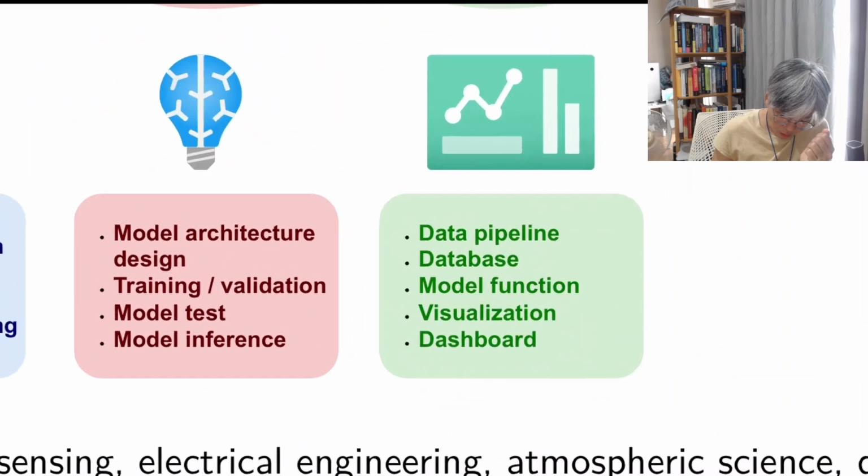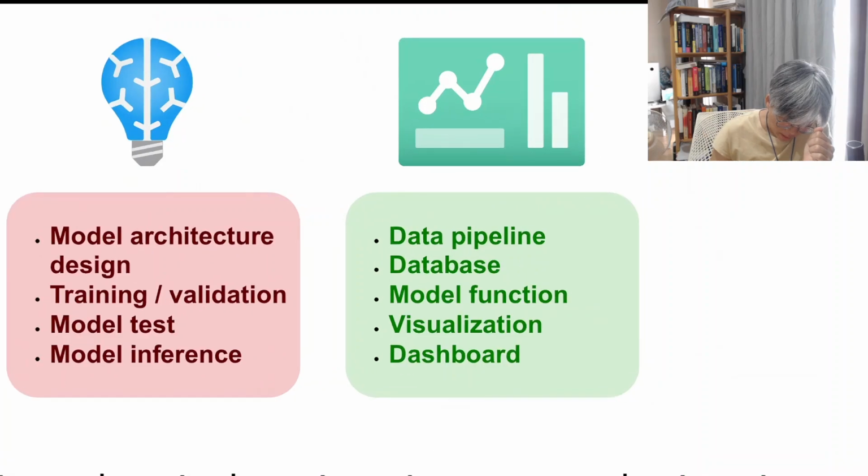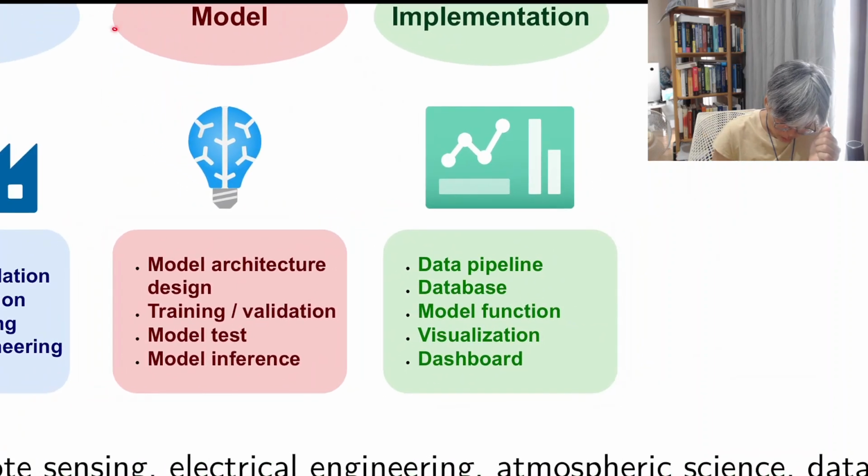So the way you decide this will be quite problem dependent. And in order to infer the model, you need all the model functions, all the modules. This is the key element, how to implement it.